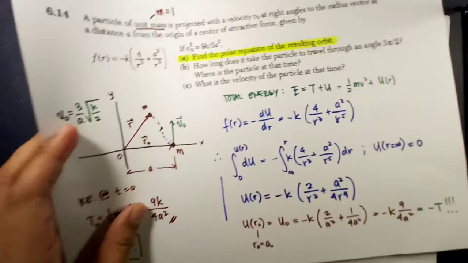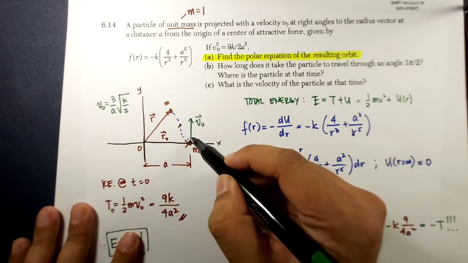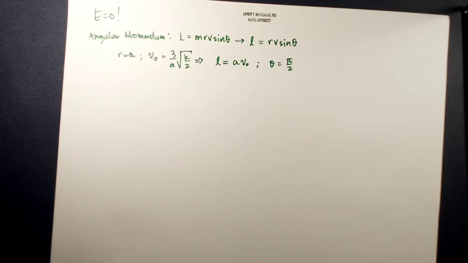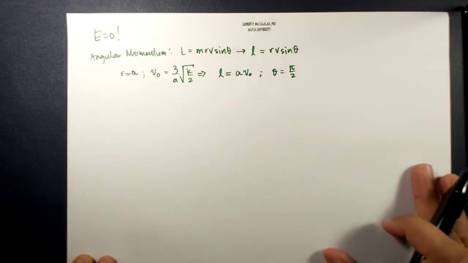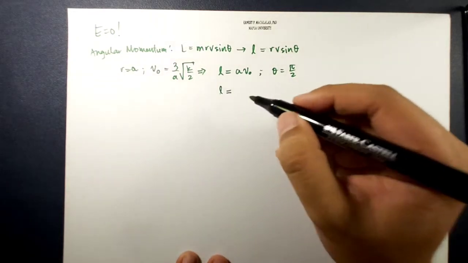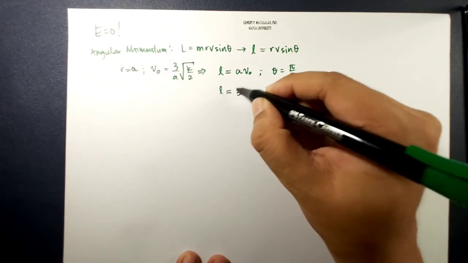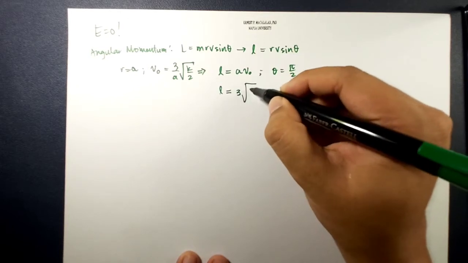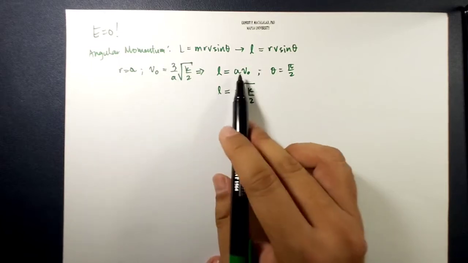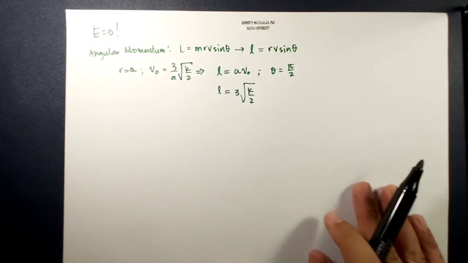Again, this one, so this is theta over 2. So therefore, L is now equal to 3 times square root of k over 2. So we multiply this with a, so we'll end up with 3 times the square root of k over 2.